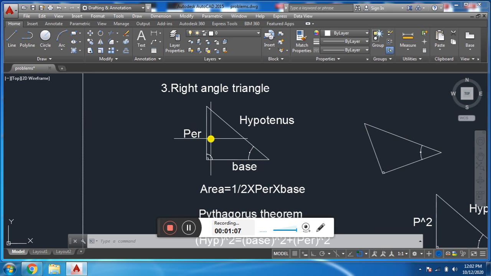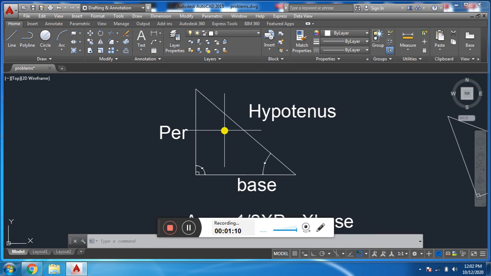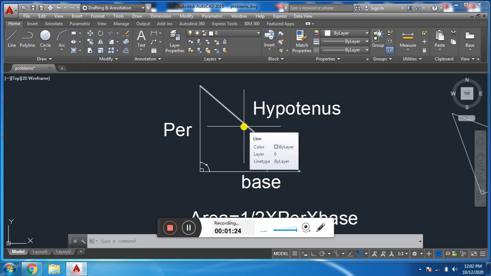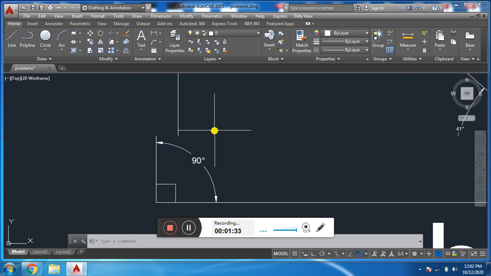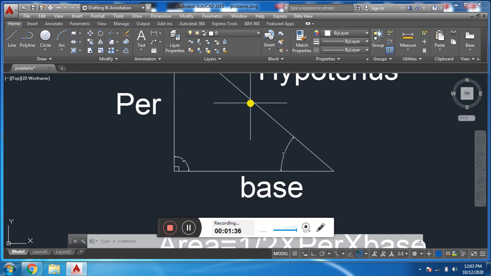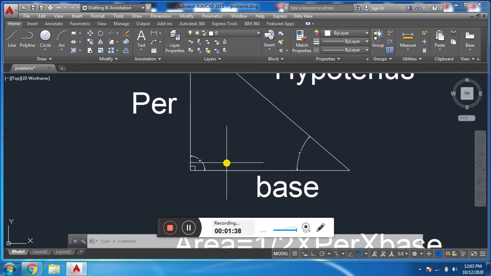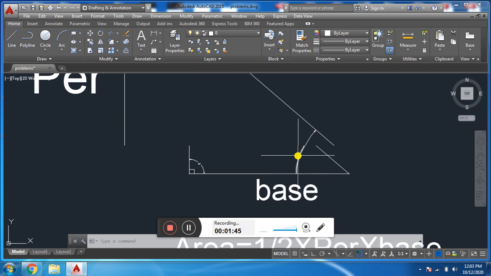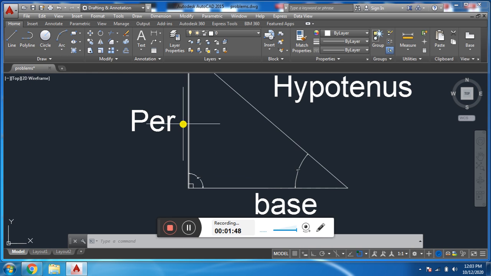The important thing about a right angle triangle is how we can decide which dimension is base, which is perpendicular, and which one is hypotenuse. The longest dimension is mostly the hypotenuse, and it is opposite to the right angle, meaning the hypotenuse is opposite to 90 degrees. The dimension opposite to the other angle we consider perpendicular.